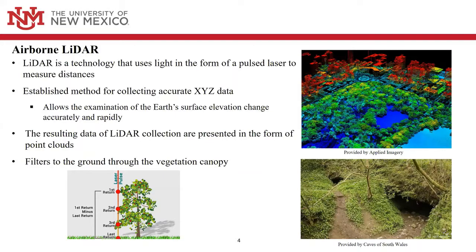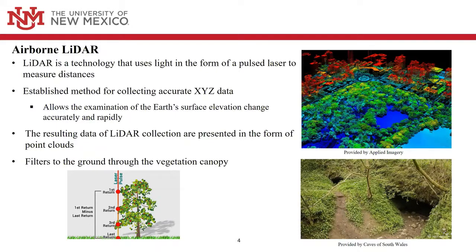From there, we can process the point cloud to generate different products, which I will talk about in the next slide. But one really unique feature beyond that, LiDAR can be used to collect data day and night, and even on cloudy days. Another really unique feature is that it can filter to the ground through the vegetation canopy. Like I'm showing in the image, you can have first return, second return, third return, and the last return.